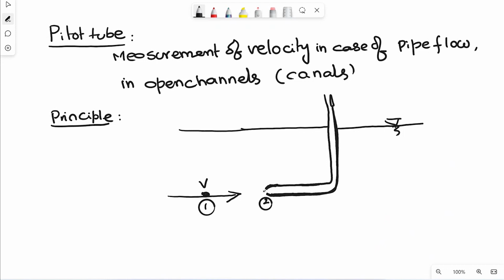Here, once it comes, the velocity of flow becomes 0. When the velocity of flow becomes 0, the velocity head is converted into pressure head, and here the water level rises above the free surface.